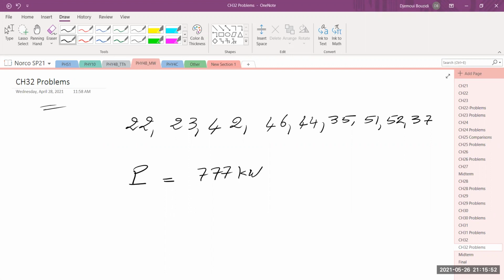So this number is actually a high number. With the exception of channel 5, all of the other channels are around 100 kilowatts, okay? So the fact that this channel in San Francisco is 777 kilowatts, this is actually a very strong signal from this station.